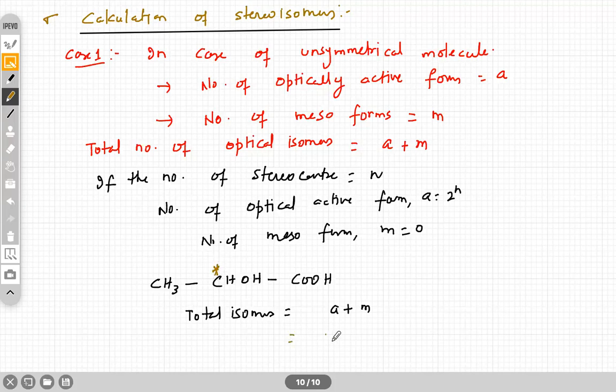So it is 2 to the power 1 plus 0, which equals 2. Only two molecules are possible here, R and S. The name of this compound is lactic acid.